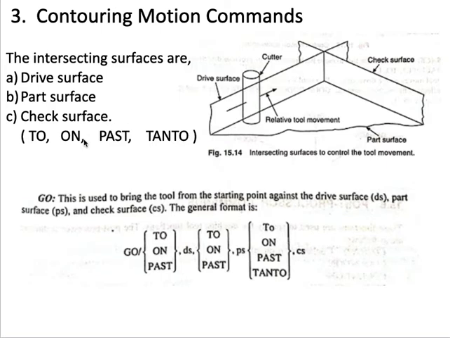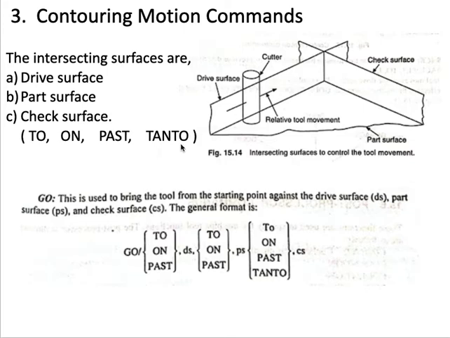ON moves the tool until the tool center is on the check surface. PAST moves the tool just beyond the check surface.